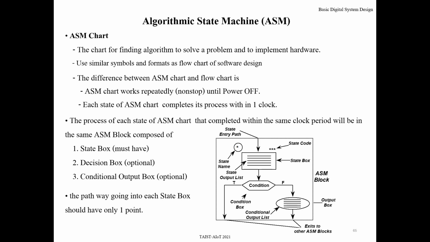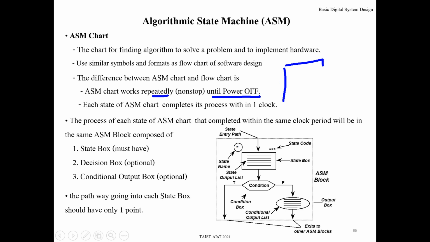To decide this, you need to draw something like a flowchart, but it's not a flowchart like the ones for software design. This one is called an ASM chart. The difference is that an ASM chart works repeatedly until power off.